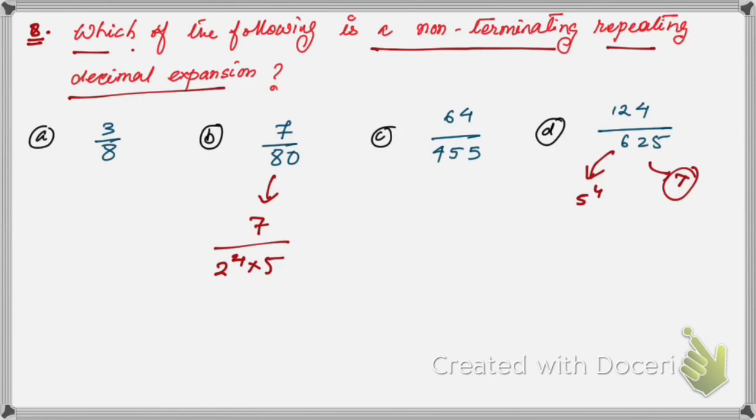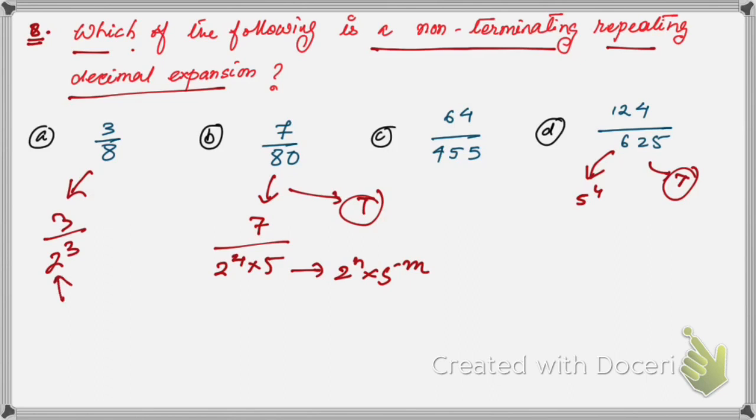Then it is in this form, 2 to the power n into 5 to the power m. So that's why it is also terminating, right? So here you see 3 by 8, it is 2 to the power 3. So we have only 2 to the power 3. So that's why it is also terminating.